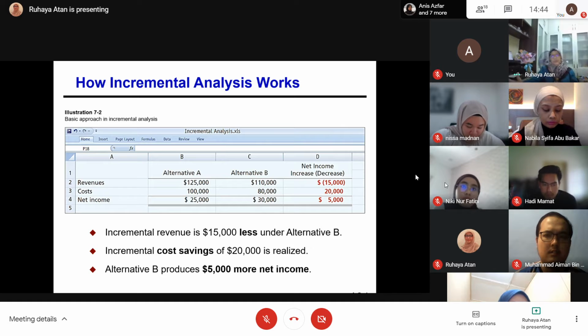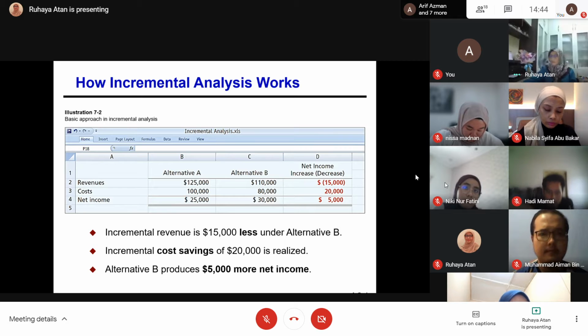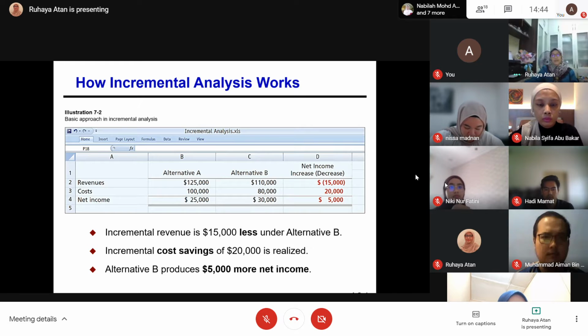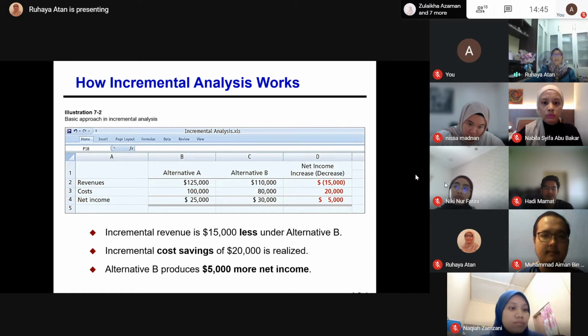Alternative A: you will get revenue of 125,000, but your cost is 100,000, and your net income is 25,000. Whereas if you take alternative B, your revenue will be 110,000, and your cost will be 80,000, and you get net income of 30,000.